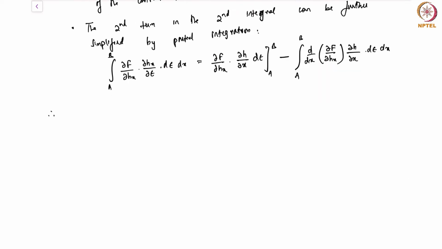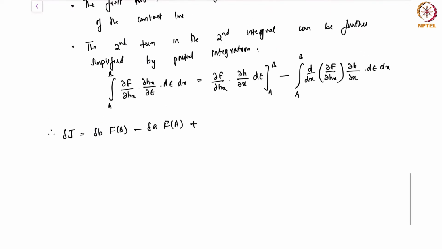Therefore, delta J, that's the variation in the functional J. Now putting together, we get del b f of b minus del a f of a, plus, now I can take the first term in this quantity here.